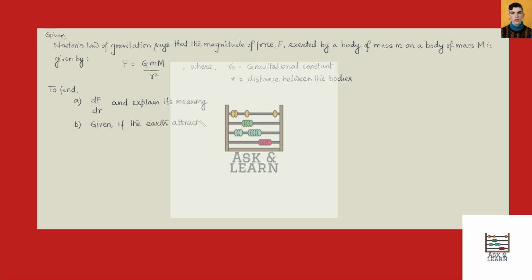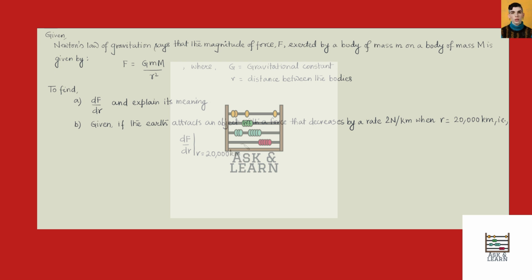In the second part, it is given that the earth attracts an object with a force that decreases at a rate of 2 newtons per kilometer when r is 20,000 kilometers.